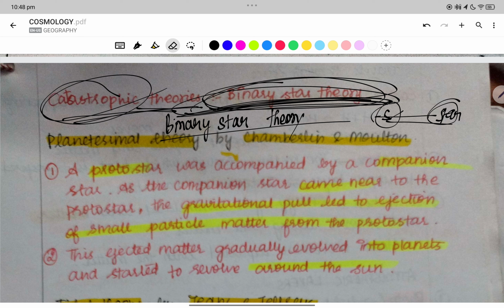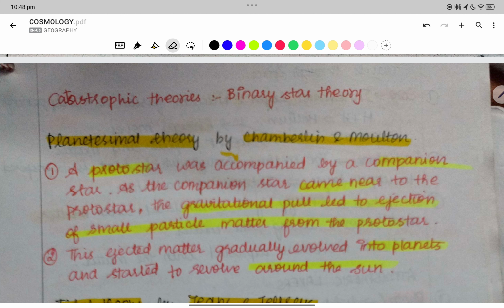The tidal hypothesis, right? The planetesimal theory is by Chamberlain and Moulton.